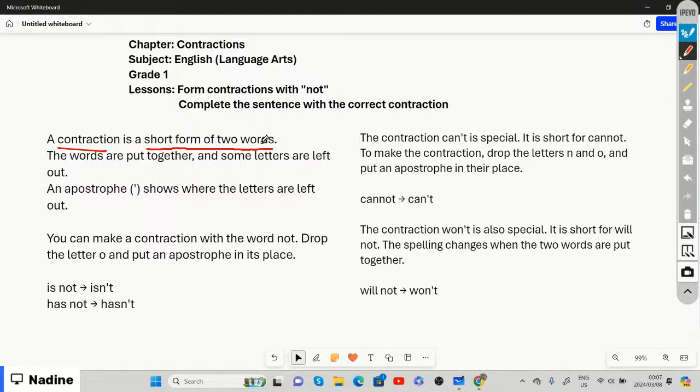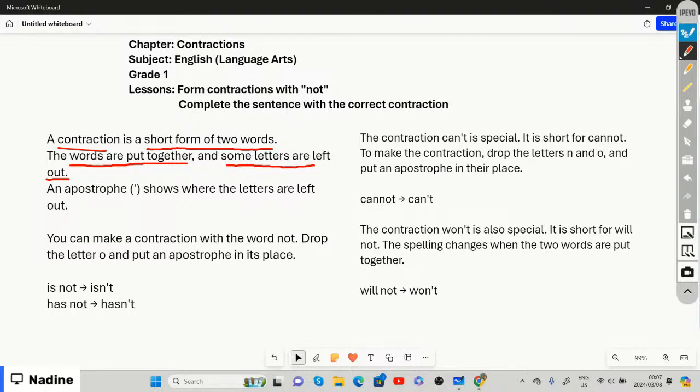The words are put together and some letters are left out. There's either going to be one or two or three letters that are left out.